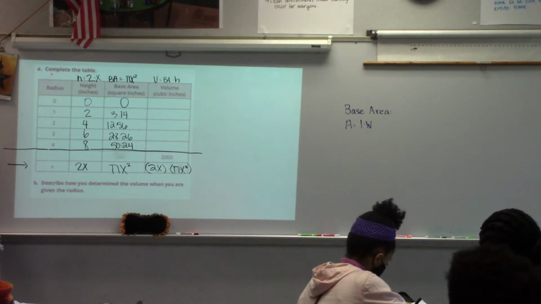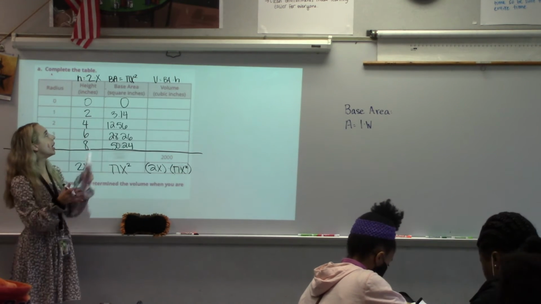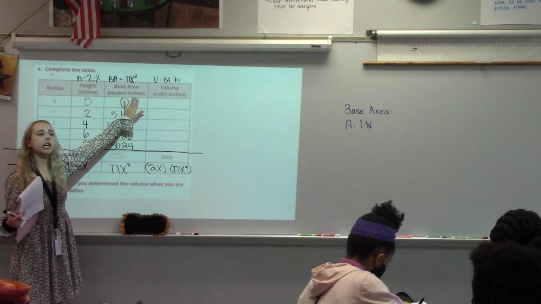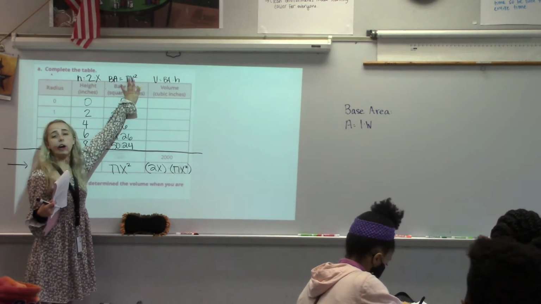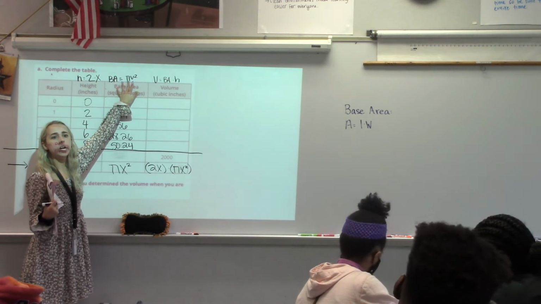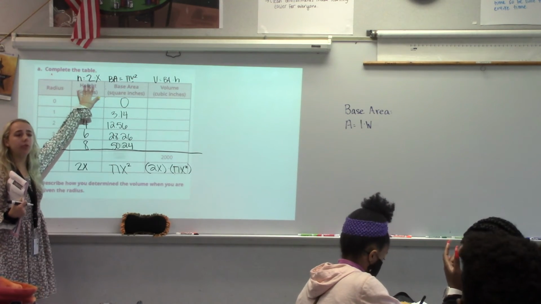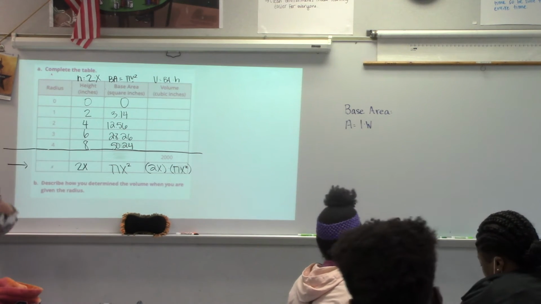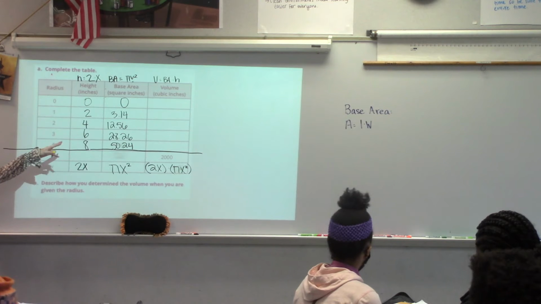To get volume, we have to multiply our base area times our height. But our base area was calculated by squaring the radius and multiplying it by pi, and then we got our height by doing the radius times 2. So essentially, volume is going to be all those things multiplied together.